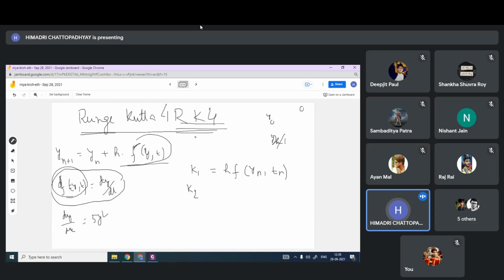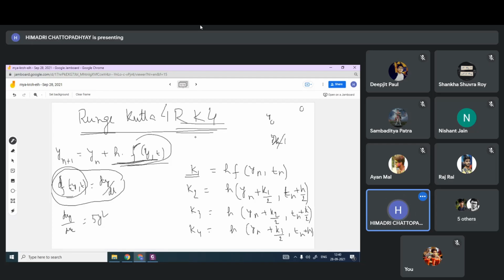Now k2 is h f, and instead of yn, because this also has the dimension of y, you now write yn plus k1 by 2, tn plus h by 2. Then k3 is h f of yn plus k2 by 2, tn plus h by 2, and k4 is h f of yn plus k3 by 2, tn plus h.